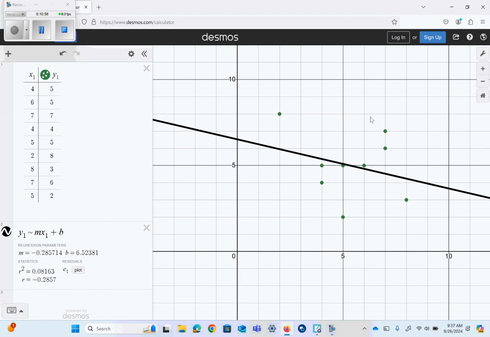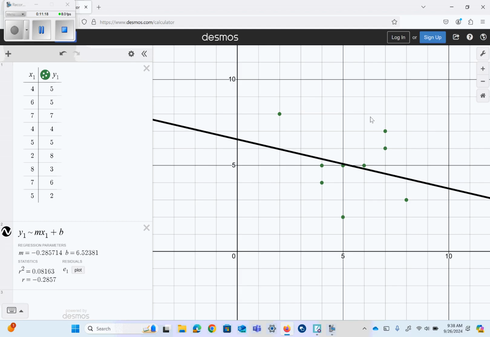The R value, oh my gosh, the R value is negative, and it's negative 28.57. That's like getting a 28.6% on a test. Pretty happy about that? No, I hope not. Yeah, this is a weak negative correlation.